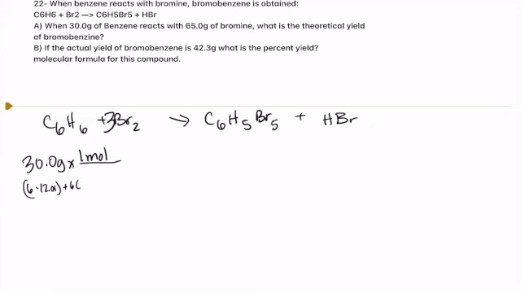So since they want our theoretical yield, of course the first thing we need to do is determine the limiting reactant. So we need to convert to moles. Finding our formula mass here, 78.12 grams per mole for C6H6, or benzene.